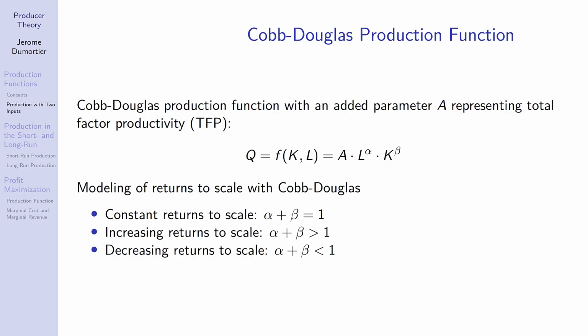What this means is that doubling inputs leads to a more than doubling in outputs. And if the sum of alpha and beta is below 1, then we have decreasing returns to scale. What this means is that doubling inputs less than doubles output. This distinction is critical in understanding how firms grow and how industries are structured.